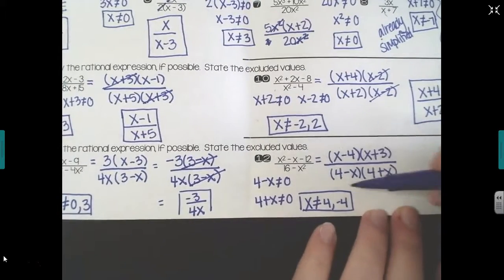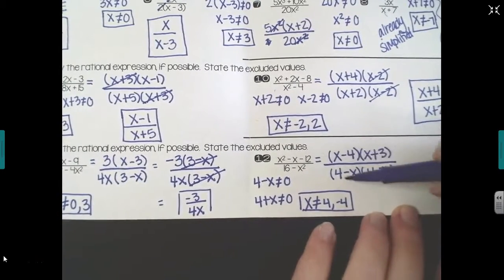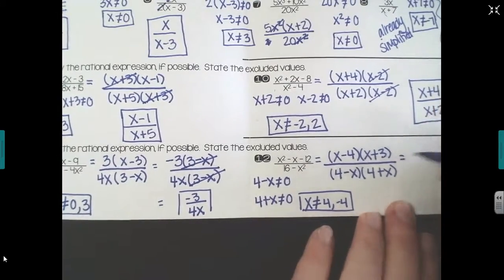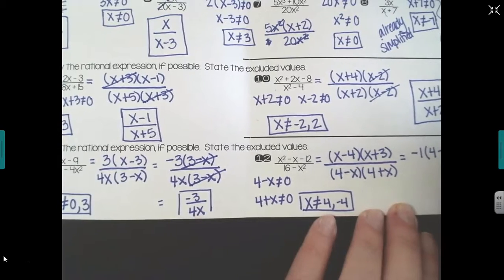So if I look right here, we have an x minus 4 and a 4 minus x. Those are very close. So what I can do on the top, I can put a negative 1 in front of that x minus 4 and then switch it. You only switch one of them. You don't have to switch them both.